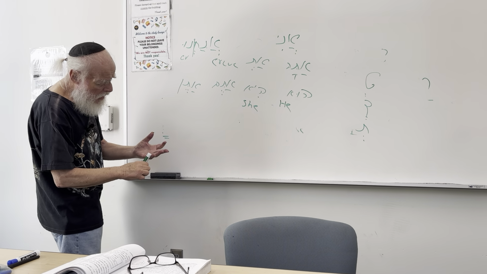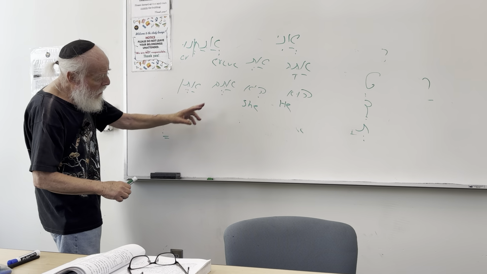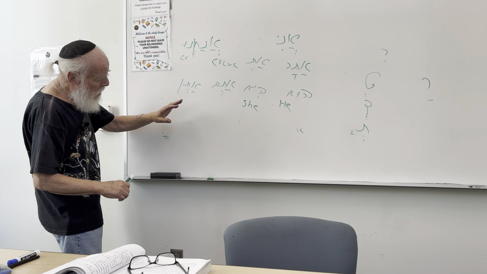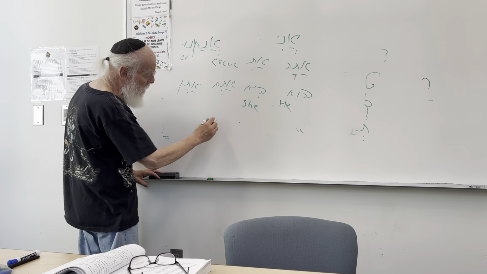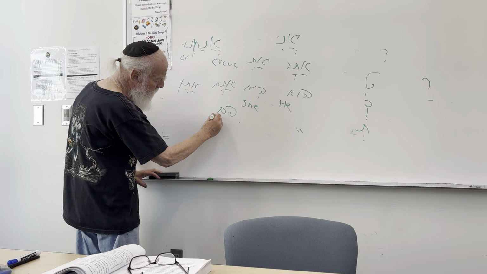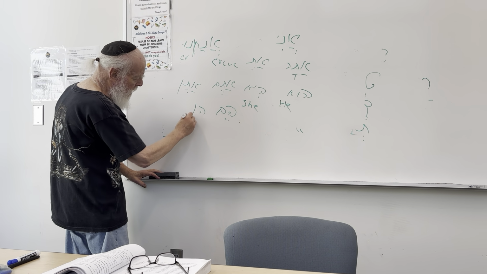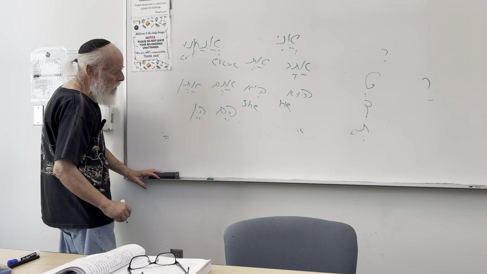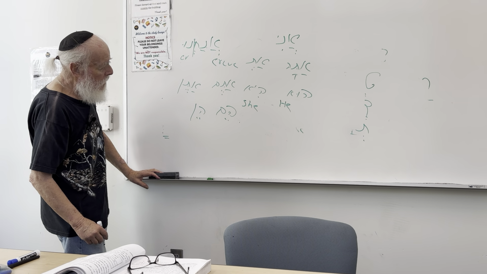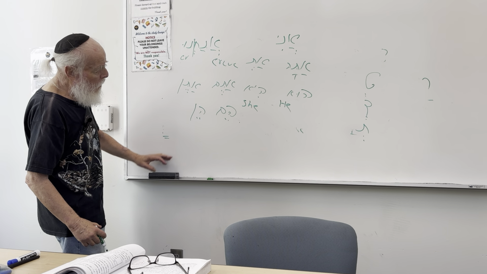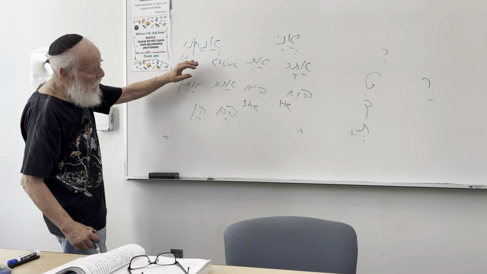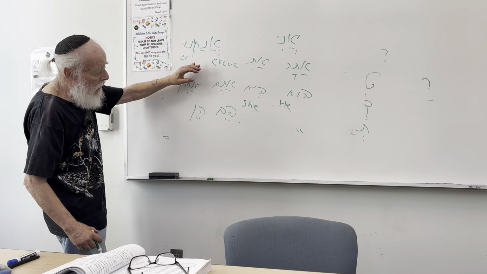If it's a mixed you, male and female, you use atem. Aten is only strictly feminine. The same thing is true with hem for they, and hen for they, feminine plural. So we make a distinction. Where you don't make a distinction is in the first person, the ani and the anachnu.